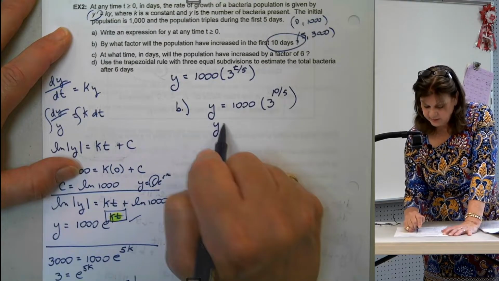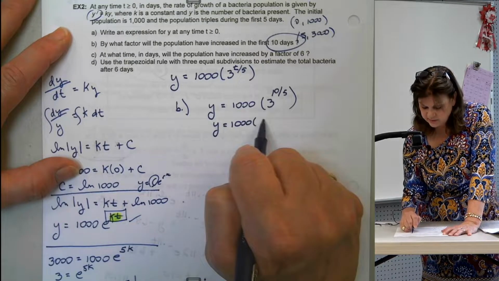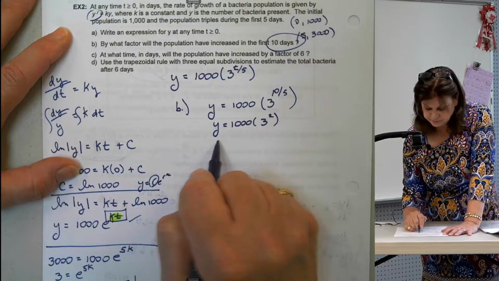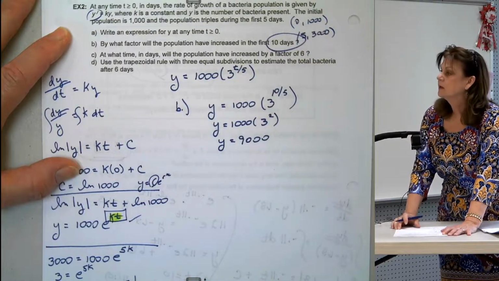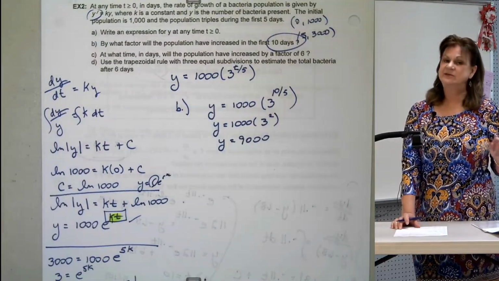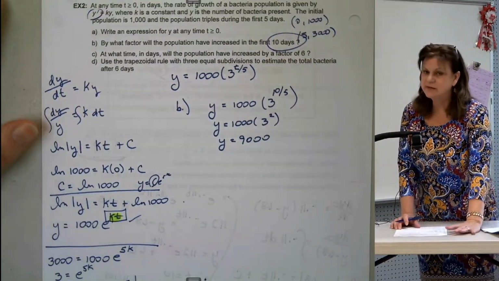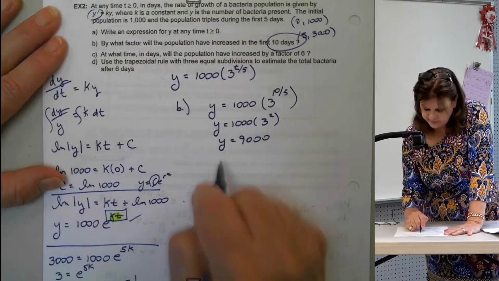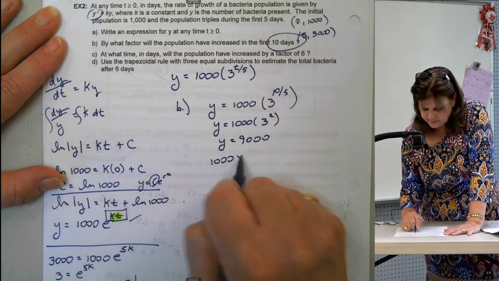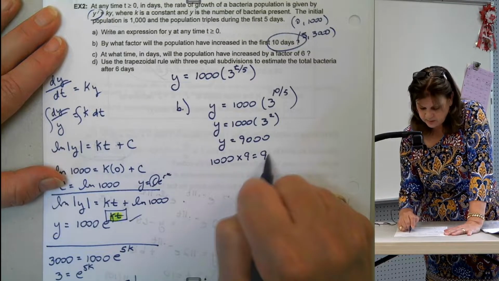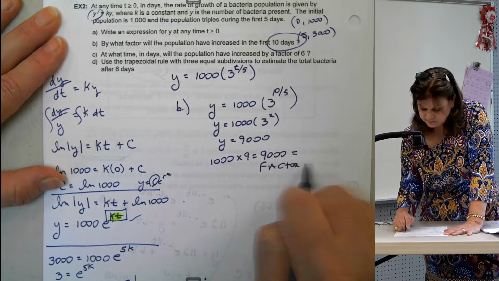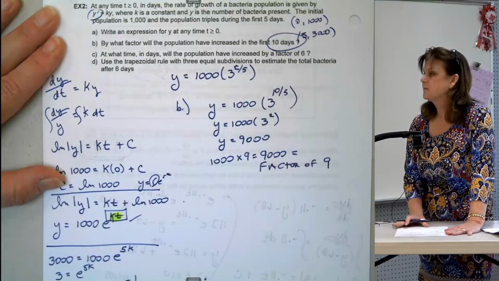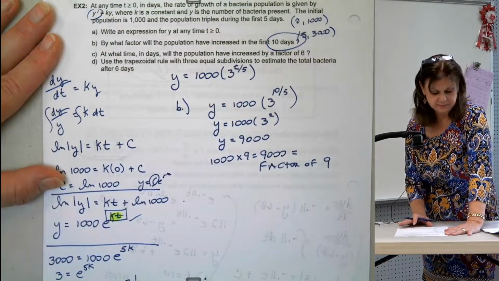So y equals 1,000 times 3 squared, y equals 9,000. So the bacteria after 10 days is going to be 9,000. Now that's not the factor. Remember, you started with 1,000. So the factor in this case is 9. We grow by a factor of 9.